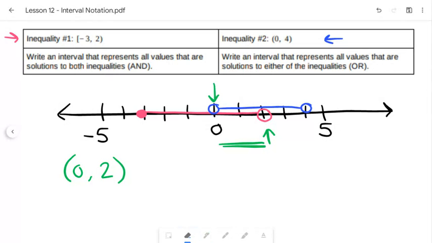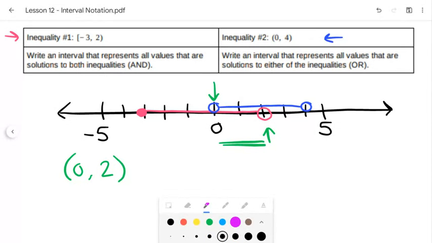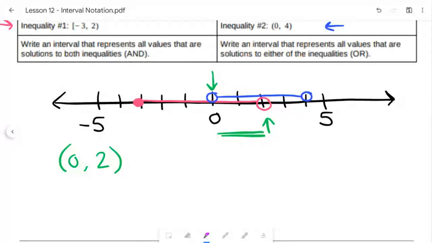Now I'm going to do this again. Now the or is nicer, right? It's like anything can satisfy. So I'm going to write an interval that satisfies. If I look to my left, I'm reading everything in here. So for my or, we're starting at -3. It's included because it's closed in.